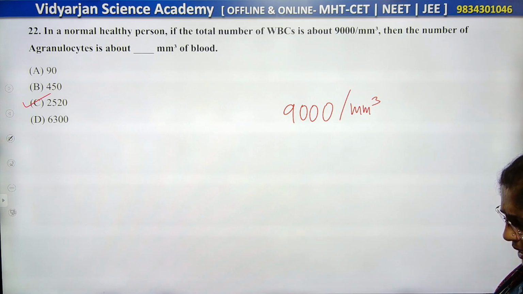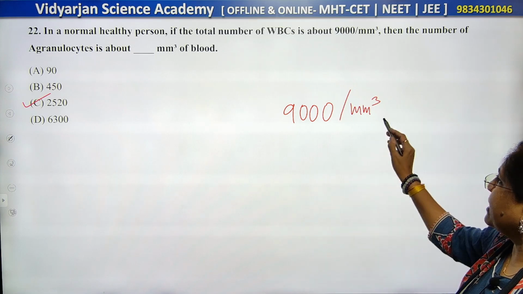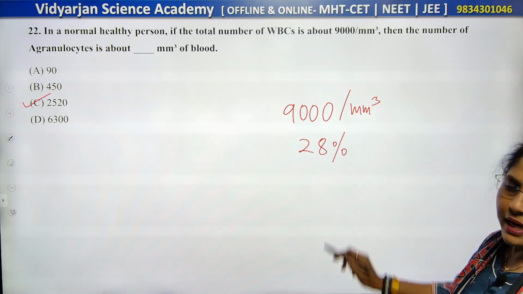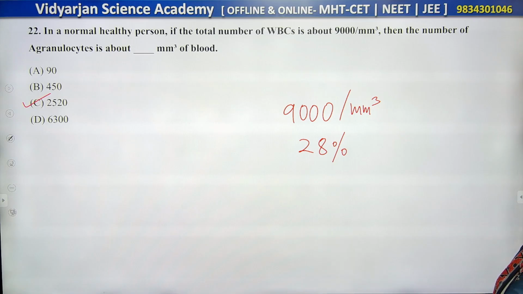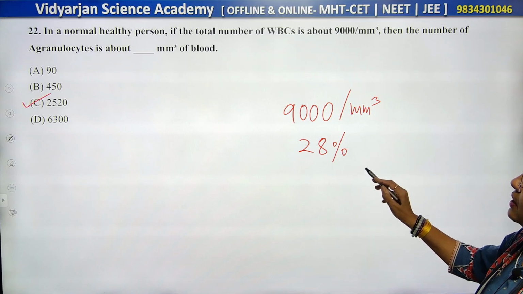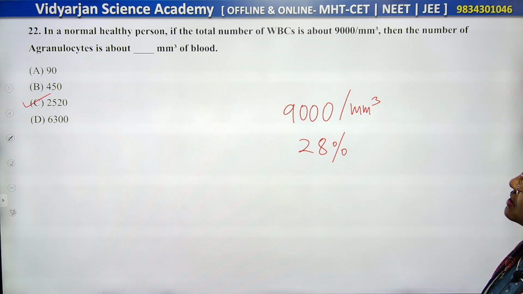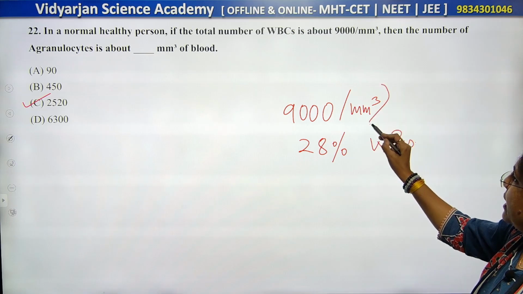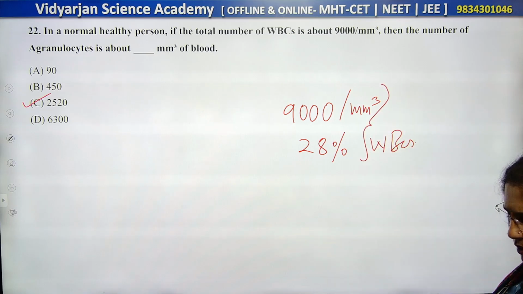So how to calculate here? How much is the agranulocyte number? If you are going to count the percentage, it is about 28%, right? 28% of the WBCs. So how to calculate here?